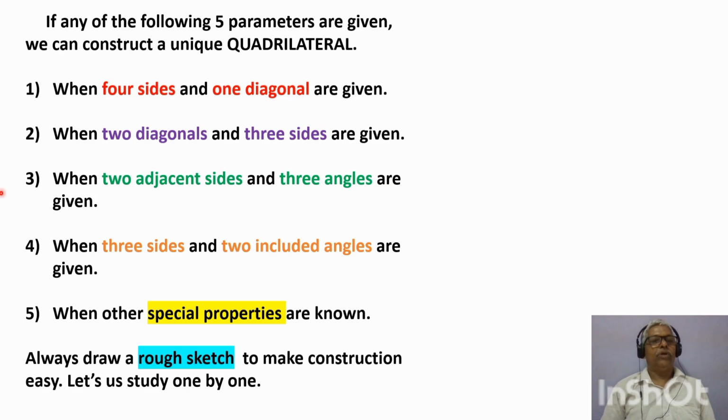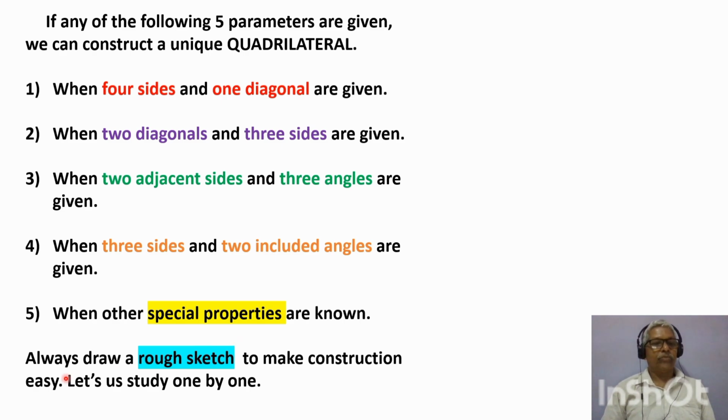Third one, 2 adjacent sides and 3 angles are given, not any sides, so adjacent sides, and 3 angles. Fourth one, when 3 sides and 2 included angles are given. We will see all of them in detail. And the fifth one is when other special properties are known.